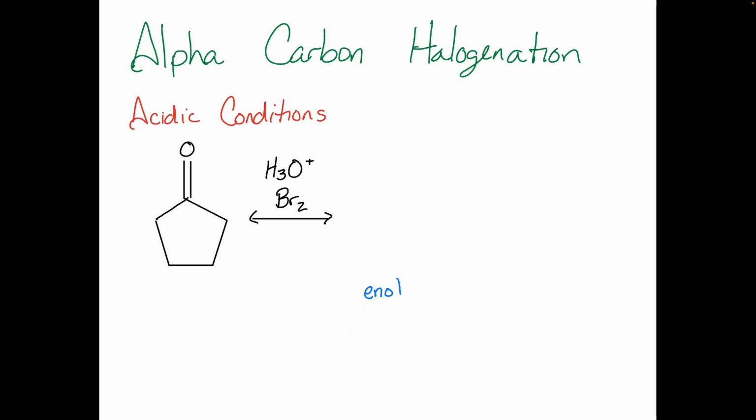To be clear, this ketone and enol are in equilibrium with one another, what we call a tautomerization.